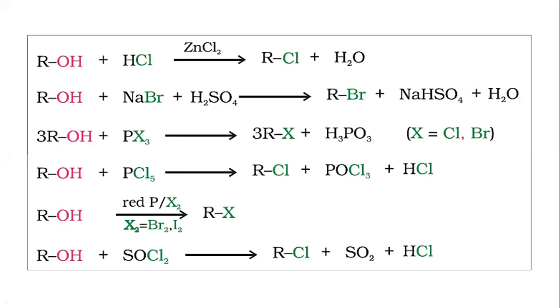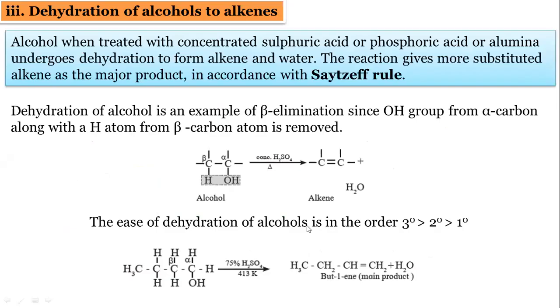The last reaction is SOCl2, thionyl chloride. See the last one, SOCl2. It is also called sulfonyl chloride, also called thionyl chloride, also called the Darzens process. We get RCl and two gases are removed here. So all these reactions are from the halogen derivatives.